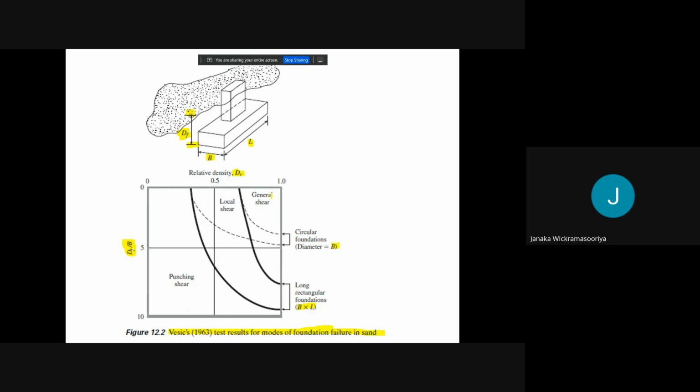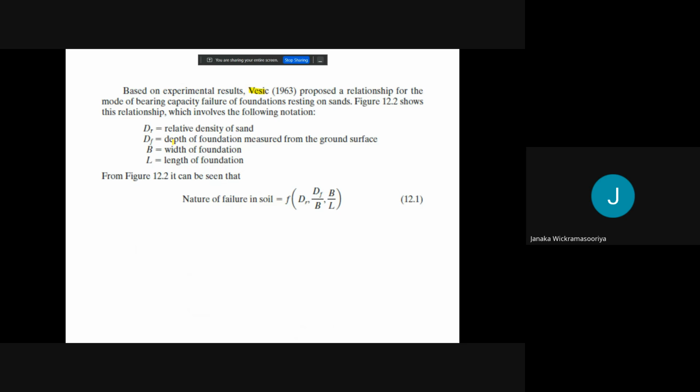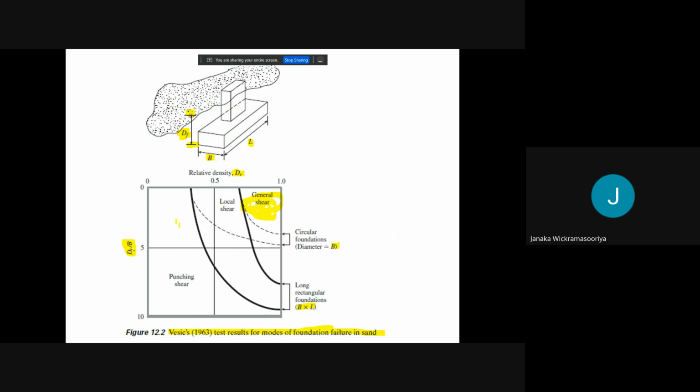If it is a general shear, then this part will have the point which represents dF over B, and Dr will be somewhere here. Dr is the relative density of sand, then depth of foundation, width of foundation, length of foundation. So you can plot the points for a particular scenario, and then you can see which mode of failure would occur.